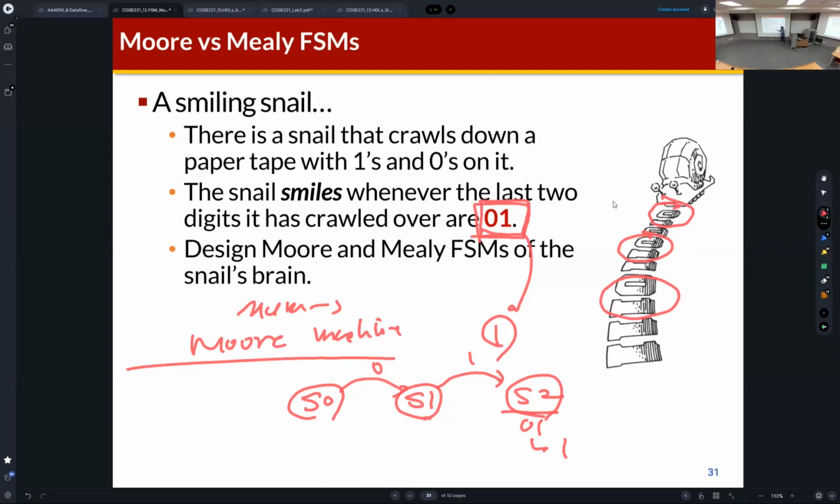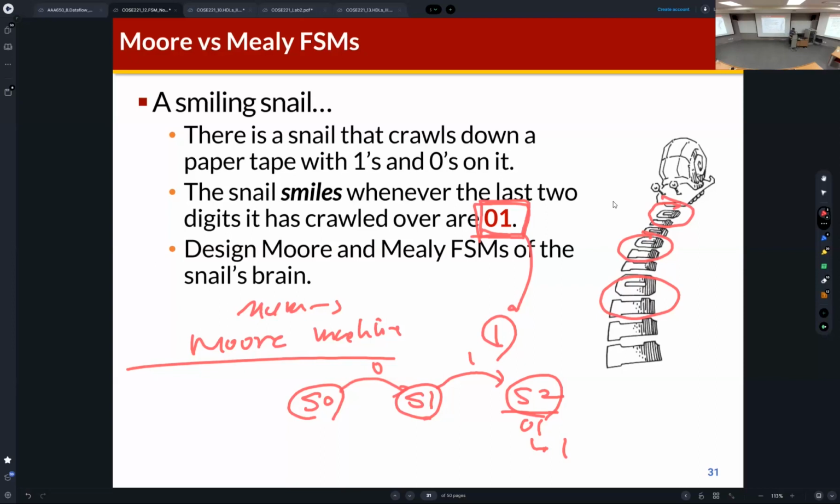In the Moore FSM, S1 represents that the previous input is 0, and from S1, if 1 is given, it changes to S2.